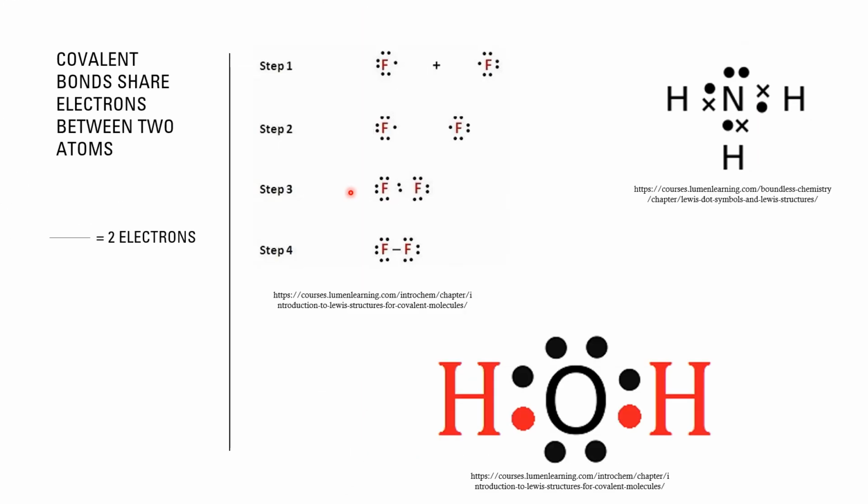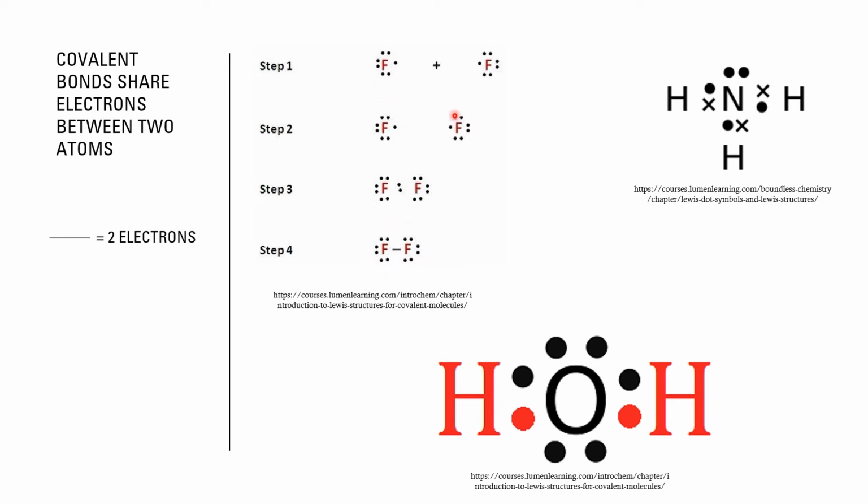Now, the first kind of bond that I want to look at is covalent bonds, and this is where electrons are being shared between two atoms. So in this first example, I have two fluorine atoms, and they both have 7 electrons. In other words, they just need one more electron so that there are 8. Fluorine atoms won't exist naturally by themselves as a single atom. If we have fluorine, the element, they actually come together to form a diatomic particle like the one that's here, so a particle made of 2 atoms.